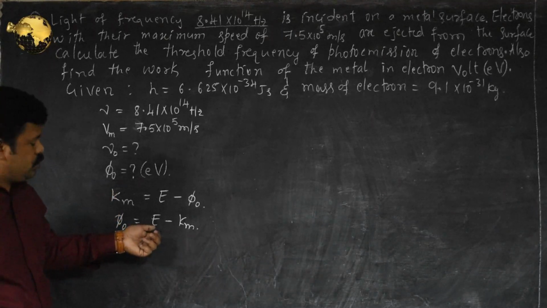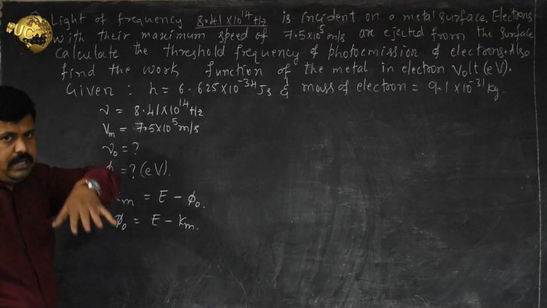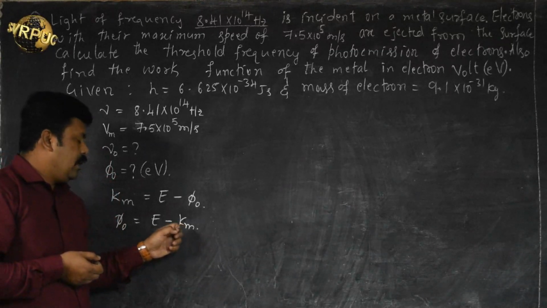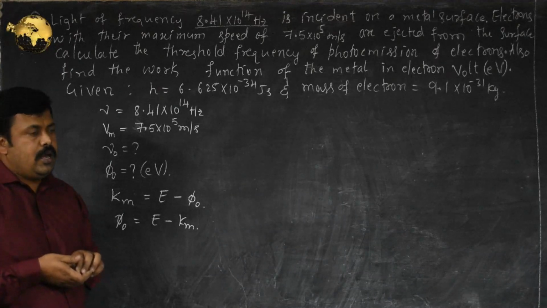First, we'll find out the E, that is energy of incident radiation. Then K max, that is kinetic energy maximum.